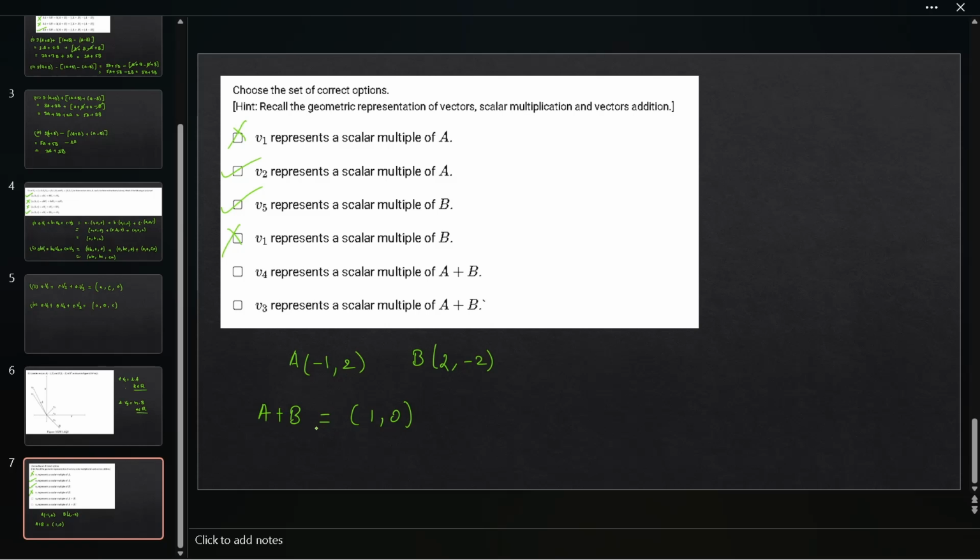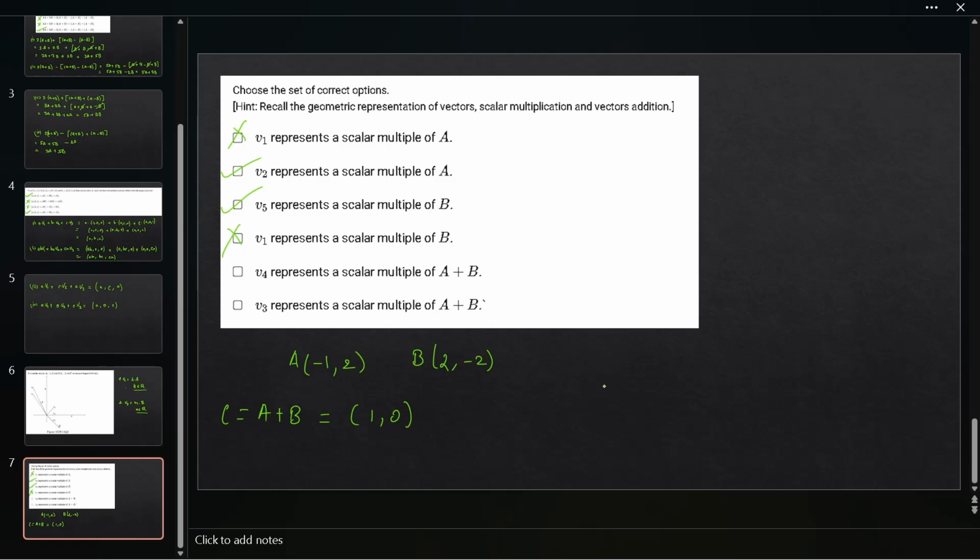So let me write this vector A plus B as C. There is some other vector C that is given as A plus B. So this vector is equal to 1 comma 0. That means 1 comma 0 is a point that lies on the x-axis. So any scalar multiple of 1 comma 0 would lie on the x-axis.